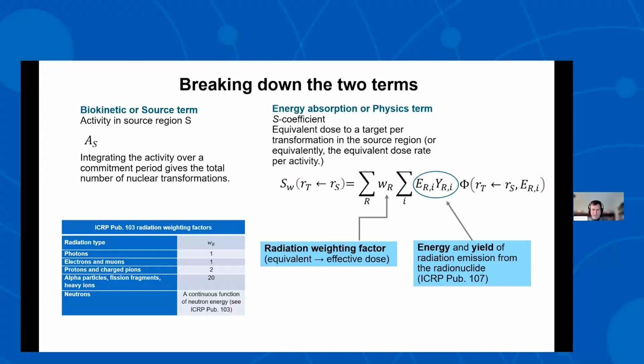This equation with a summation works well for discrete radiation types such as photon and alpha emissions. For the continuous energy spectrum emitted via beta decay, we need to integrate over that spectrum, but the same quantities are involved. You'll notice I didn't bother to define the specific absorbed fraction. Let's do that now.